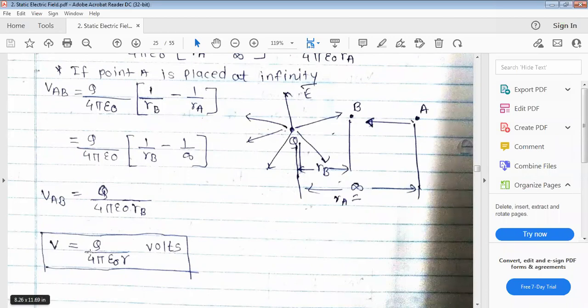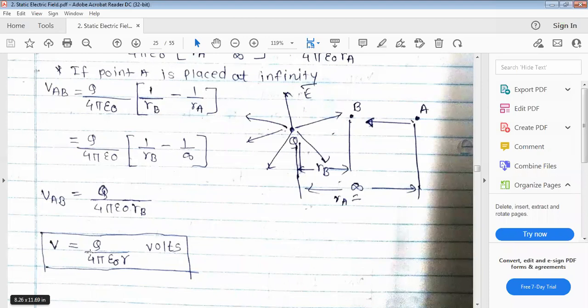They may ask you in the question that potential is proportional to 1 upon R square, R cube, just like they give you options. So you have to remember that electric field intensity is inversely proportional to R square, that is 1 upon R square.